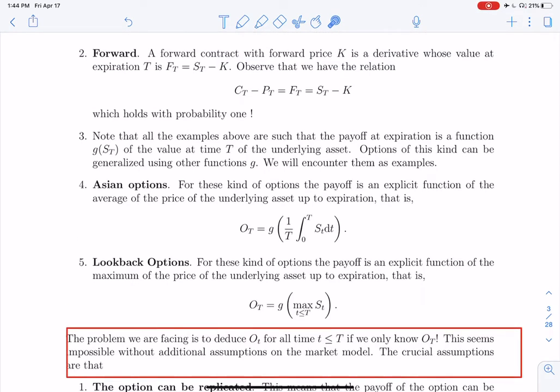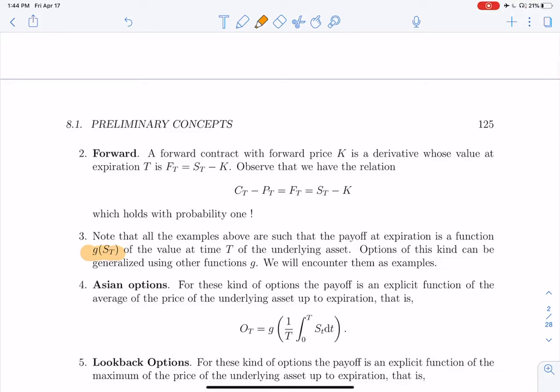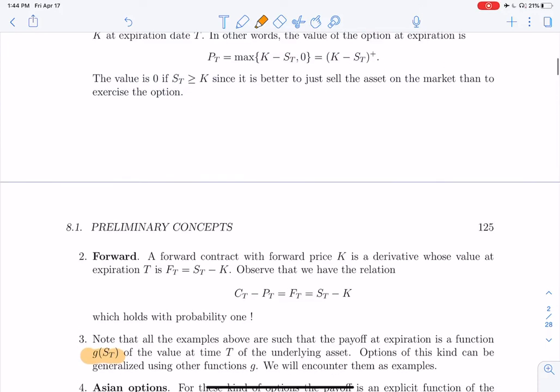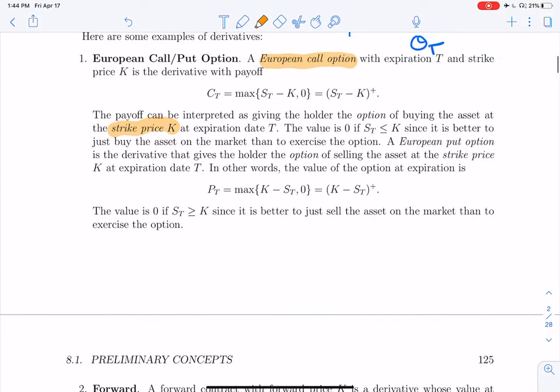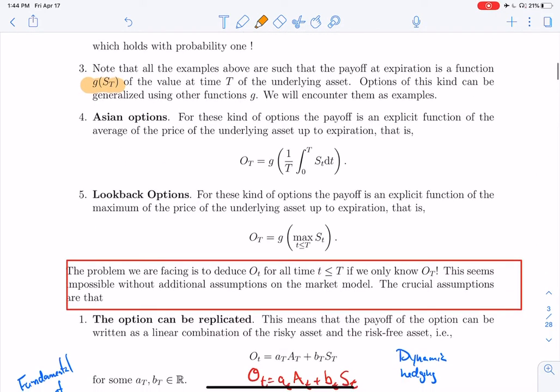All right, we're going to see many other kinds of options. We're going to see options whose payoff is simply a function g of S_T, so it's a generalization of the above. Here the function is just S_T minus K, and here the function is the positive part of S_T minus K, or the positive part of K minus S_T.